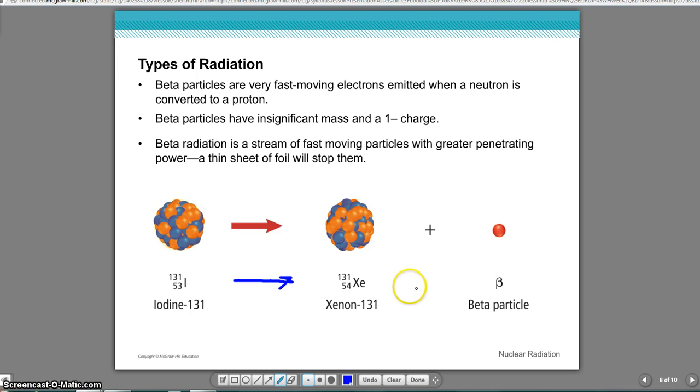Okay, we're actually going to use a symbol that is going to help us with the mass. We're going to use the symbol 0, -1, e, rather than the actual beta symbol. So this is going to make the math work. 131 plus 0 is 131. 54 plus -1 is 53. Okay, so this is going to be our symbol for a beta particle.